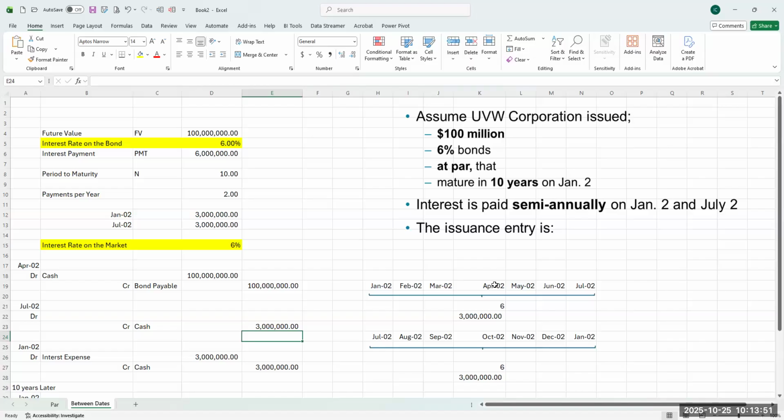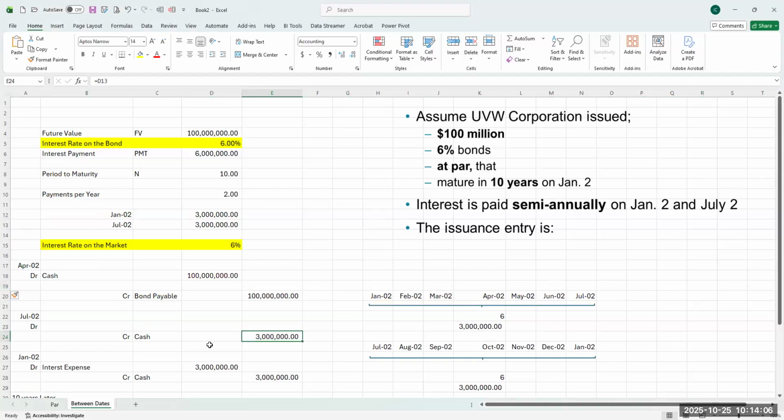Is it fair for you to pay the interest for January, February, and March? No. So what are we going to do in this case? Very simple. Since we cannot change this payment, we're going to ask the person to pay us for the interest that he's going to receive on July 2nd, which he's not entitled to.